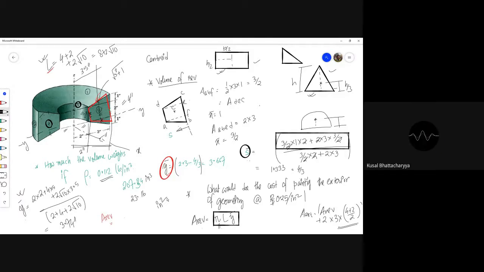Sir, it is coming 144.94. That seems too little. 144.9 or 145 inch squared? Yes, sir, it is coming like this. Okay. Maybe.